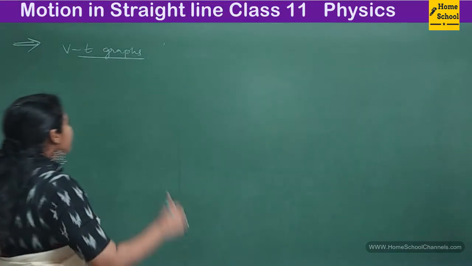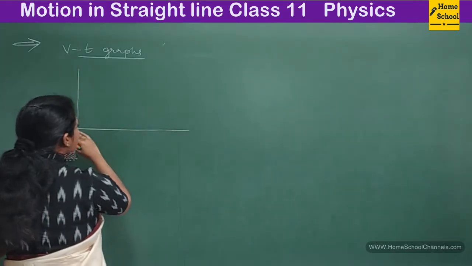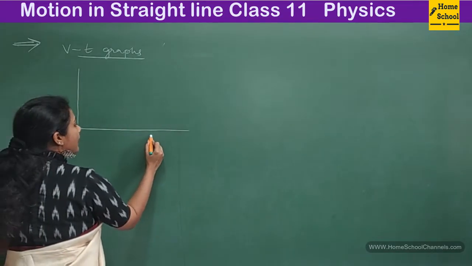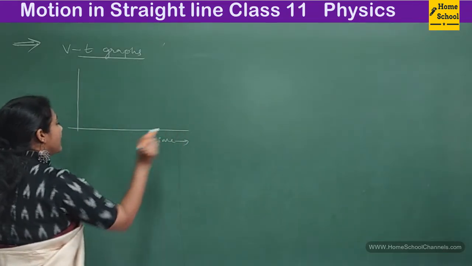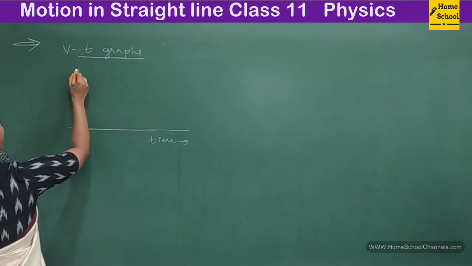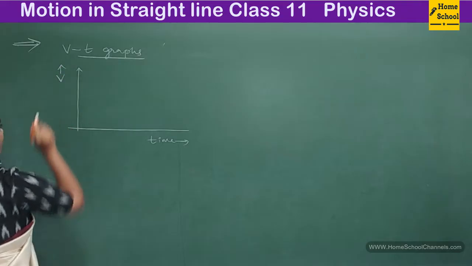Okay, see, we all very well know that the horizontal axis is the T axis, that is, time is plotted on the horizontal axis, and on the vertical axis we will take velocity. Okay, fine.